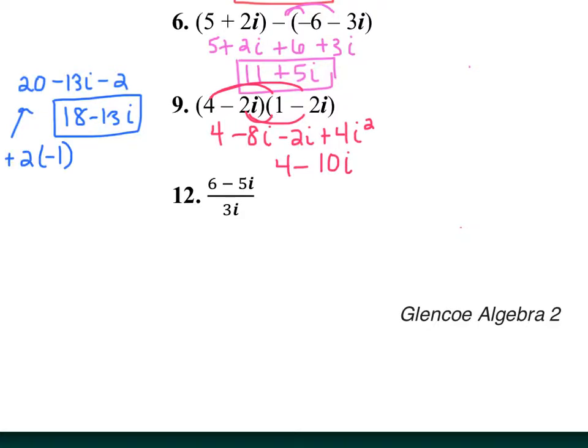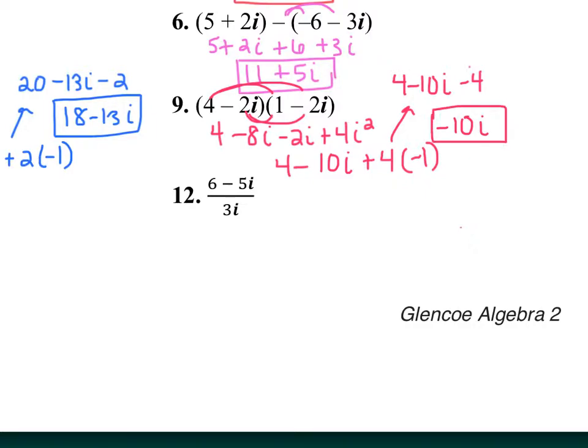And then we have to change the i squared to negative 1. It's 4 times negative 1. So this is 4 minus 10i, and then it's going to be minus 4 because it's 4 times negative 1. Combine like terms, that zeroes out. So your final answer is negative 10i. It's just an imaginary piece. So A is 0 and B is negative 10.